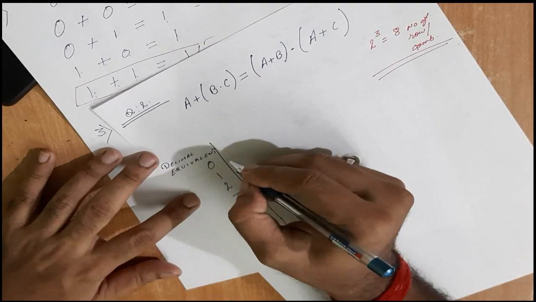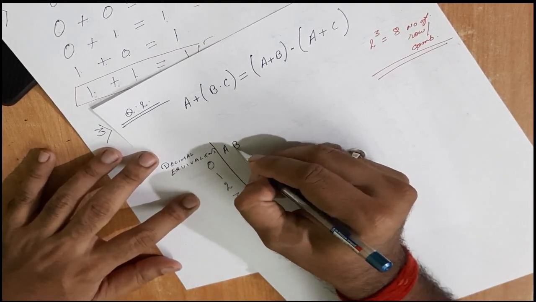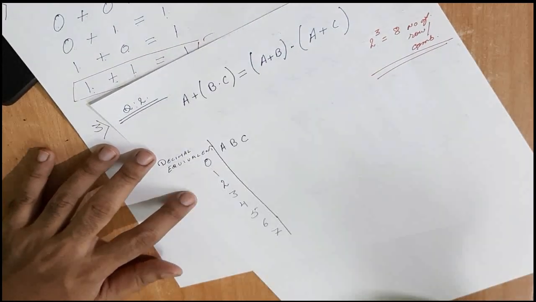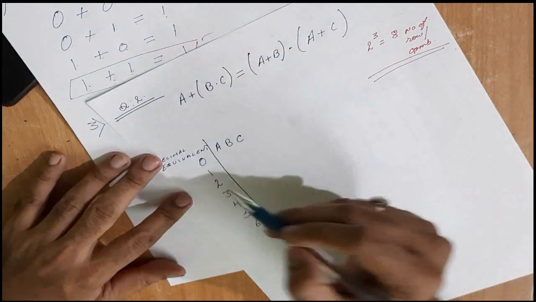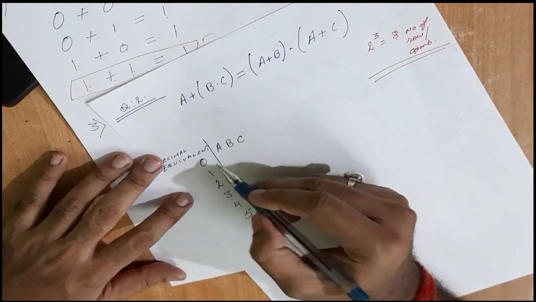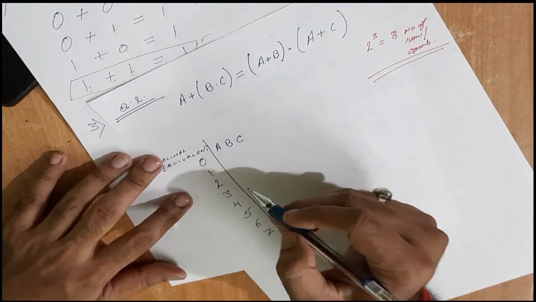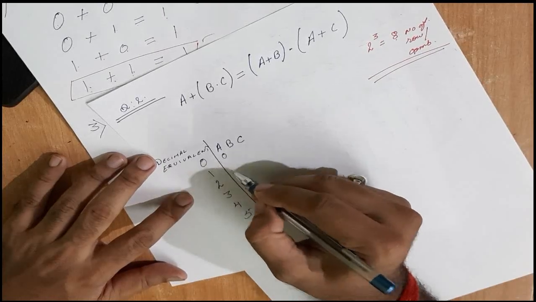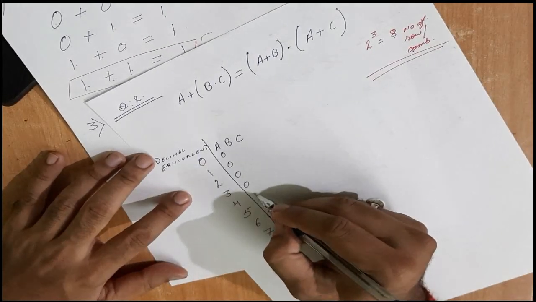Now my first variable is A, second one B and the third one is C. So let's write down, and as I have said, if I have 8 number of rows, it should be divided by 2. So 8 divided by 2, it is 4. That means we will have 4 zeros and 4 ones.